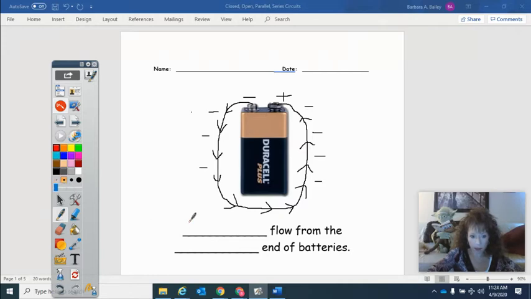Electrons, that's an E. Okay, electrons flow from the negative end of batteries. So I'm going to write that, negative.